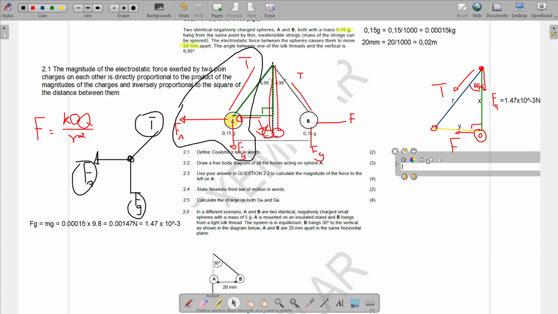Remember, you cannot understand this if you don't understand mathematics. So tan 66 is equal to Y, which is F, over X, which is Fg. Substituting, it is equal to F divided by 1.47 times 10 to the exponent of minus 3.